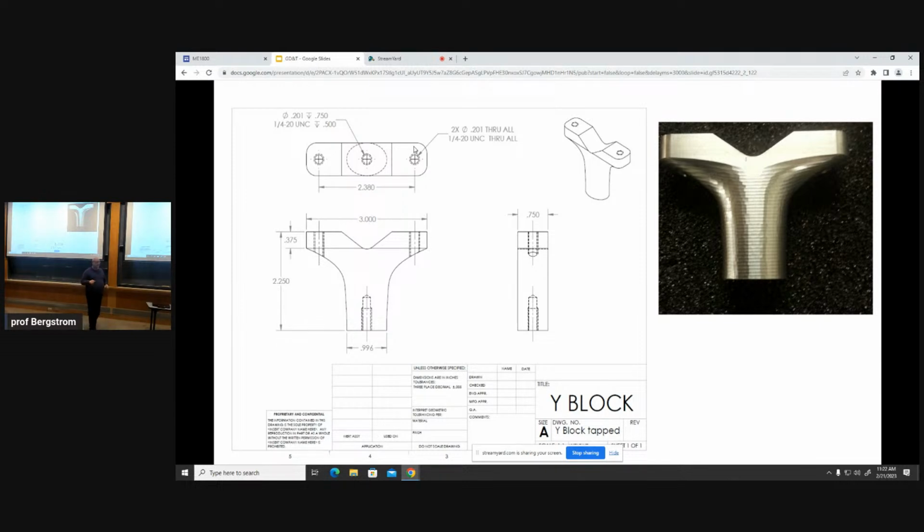You're a young engineer, and your boss hands you a drawing for a part. I was going to say hands you the blueprints, but we don't do blueprints anymore. They attach a SolidWorks file and say, here's the existing part. We need to add this new feature.